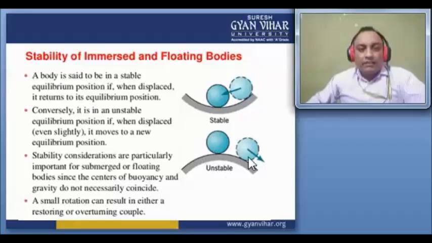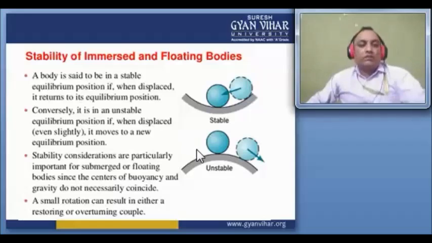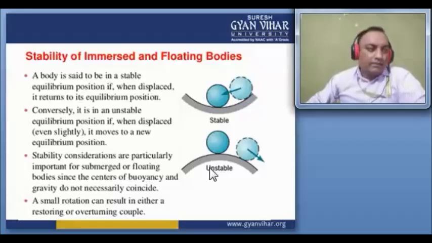This figure, the second figure, shows the unstable condition. Means if I drop this ball from this point, it moves to this side and cannot attain the original position of the ball. So this shows the unstable condition, right?